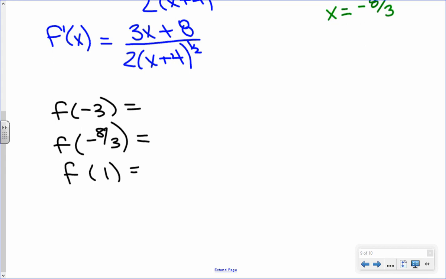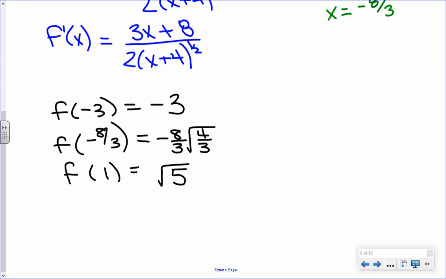So if we plug in these values, if we plug in -3, we get -3 times the square root of 1. Do you agree? Let's go down to 1. If we plug in 1, we get 1 times the square root of 5. I'm going to write it as the square root of 5. And if we plug in negative 8/3, we get negative 8/3 times the square root of 4/3.